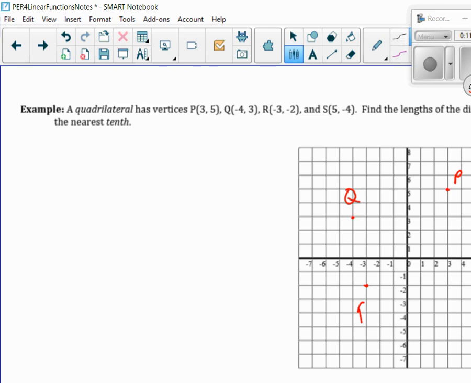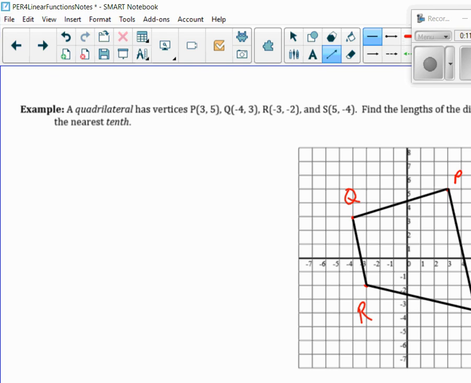So that's R. And S is 5, negative 4. And then we're going to connect the dots. I'm going to use a ruler. Okay, so some quadrilateral of some sort.